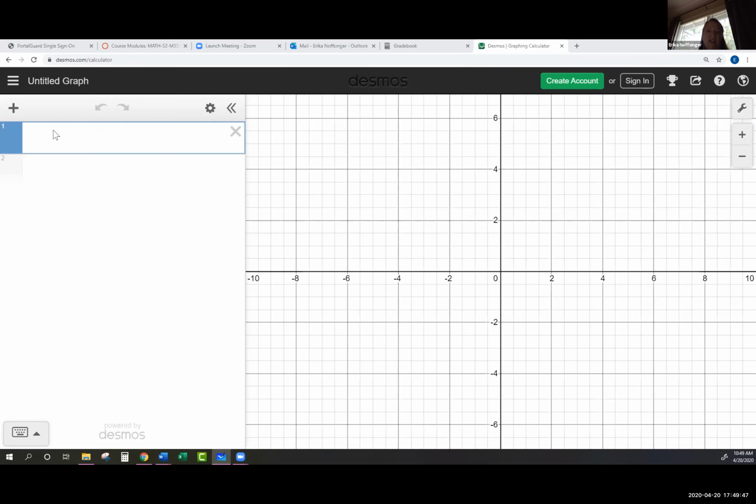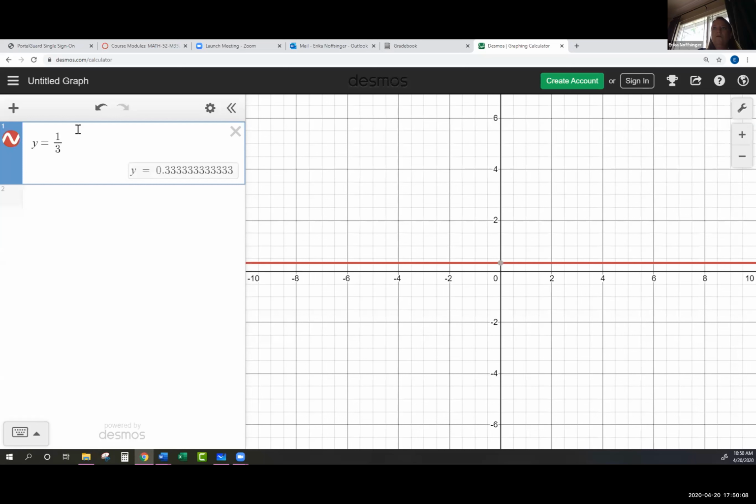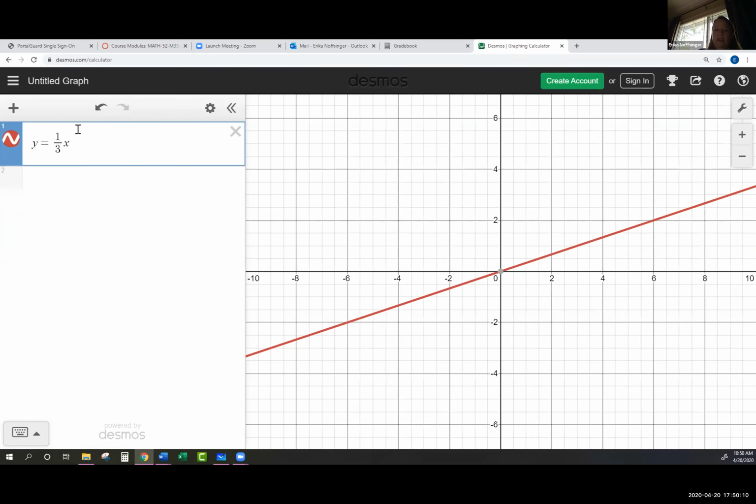But let's first look at the first one that we did, because that's going to be a simpler function to look at. And so our original function was f of x equals 1/3 x plus 6. So that gives us that graph.